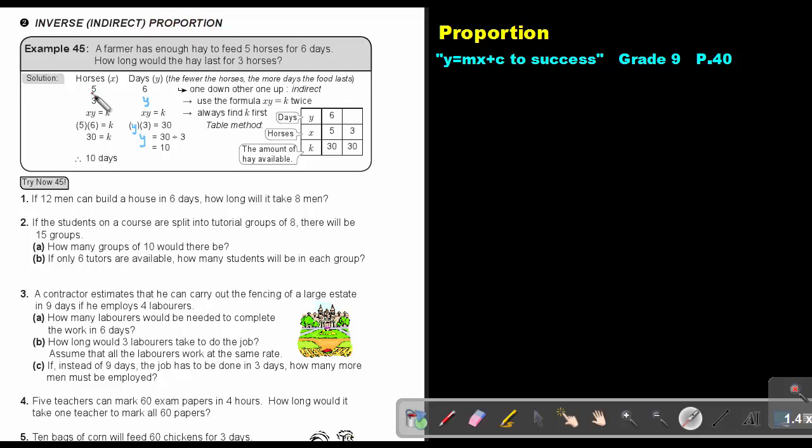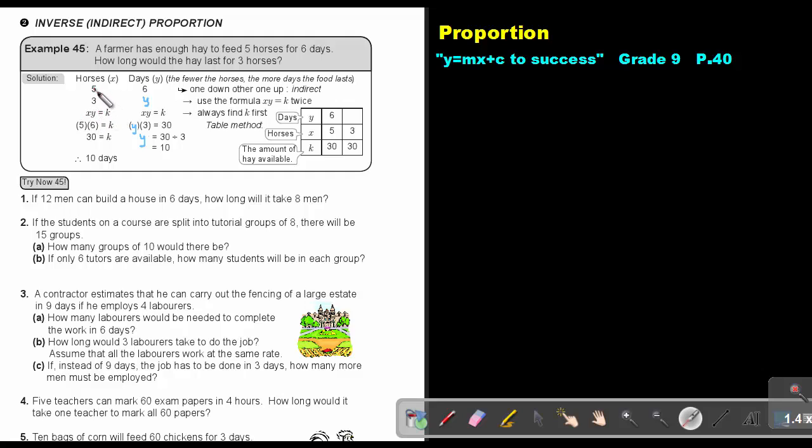Okay, so I again write down my 2 things. Horses, days. I fill it in: 5 horses, 6 days. But now I will get a constant not by dividing, but by multiplying these 2. So I form a formula and say x times y is equal to a constant, that amount of hay.